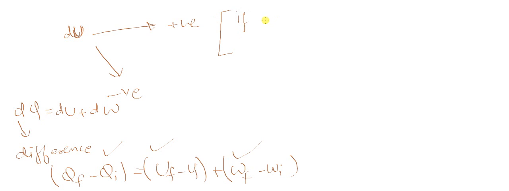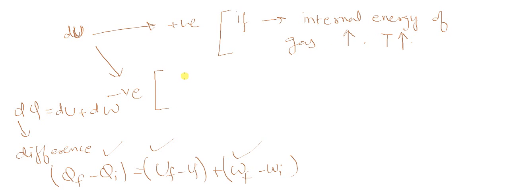If positive, therefore internal energy of gas increases. And how will the internal energy of the gas increase? By temperature increasing. If it is negative, that means internal energy of gas has decreased, that means temperature has decreased.